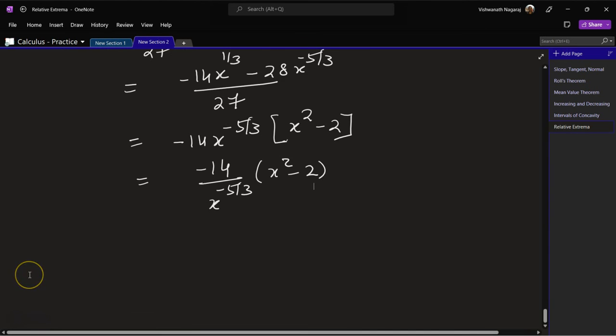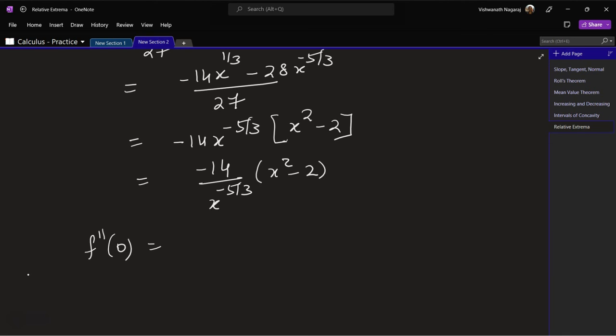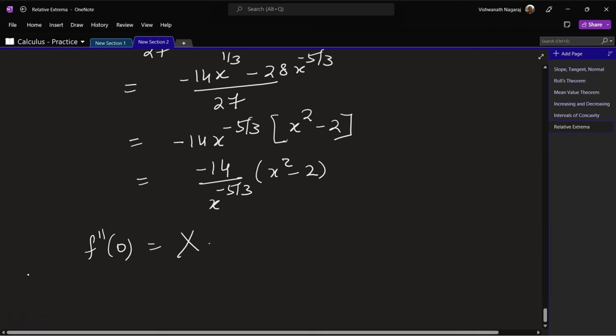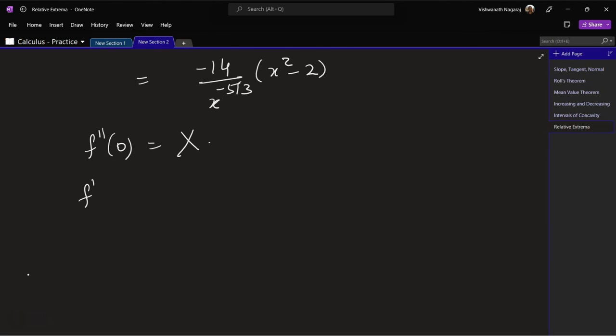Now remember, we have 3 points, 0, 2 and minus 2. If we take double prime of 0, what do we get? Denominator is 0, so we can't really take that point. Okay, f double prime of 2 will give us what?